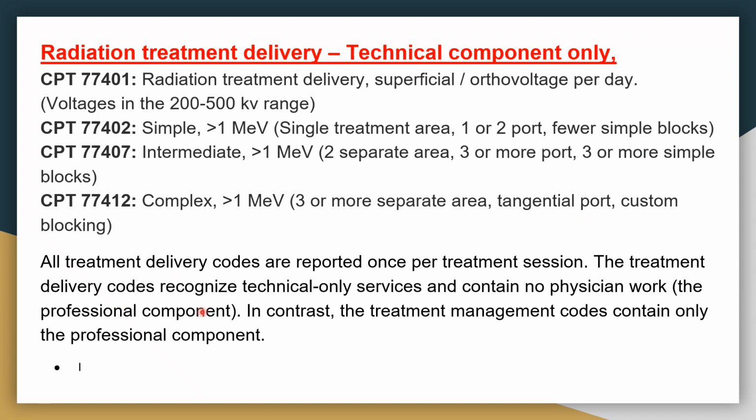And all the treatment delivery codes are reported once per treatment session. The treatment delivery code recognizes the technical only service and contains no physician work. So this is very important. While the previous thing we saw was only the professional component.